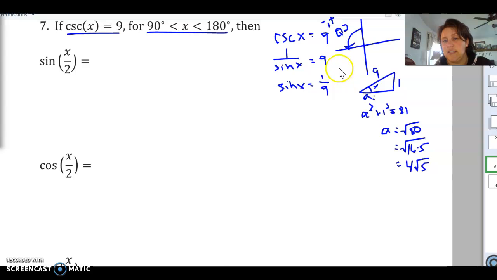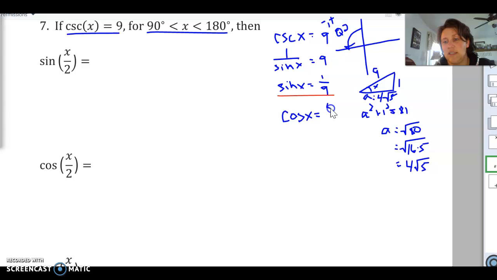All right, on this side over here, now we know what the sine of x is. Let me just underline that so that we will be able to find it easily enough. And then we also are going to need cosine of x to do these problems. Cosine of x is going to be in this triangle. Let's fill in our a, 4 square root of 5. It is the adjacent over the hypotenuse.